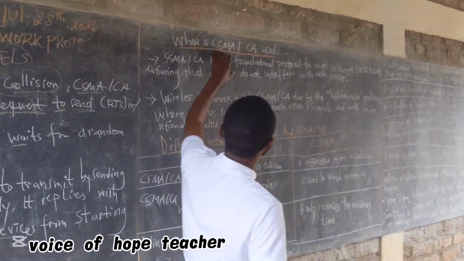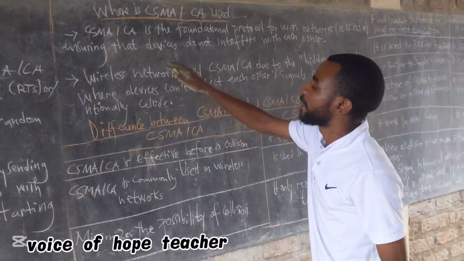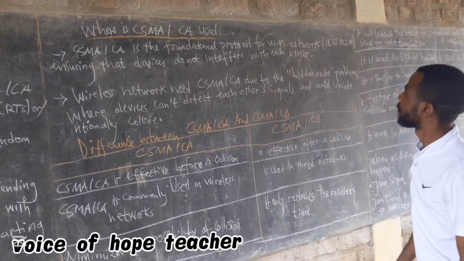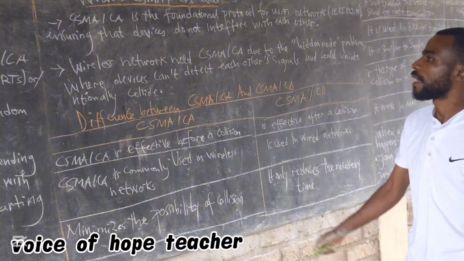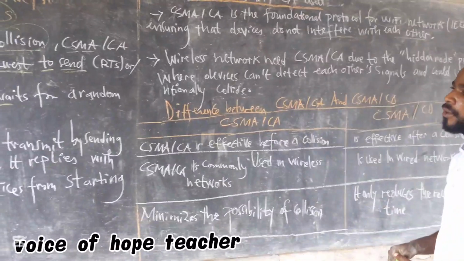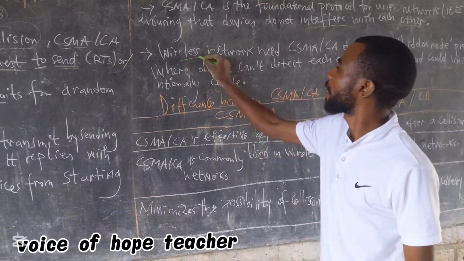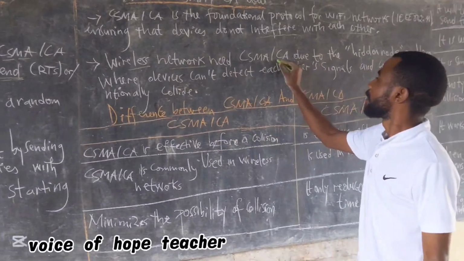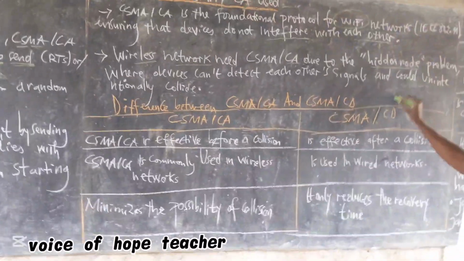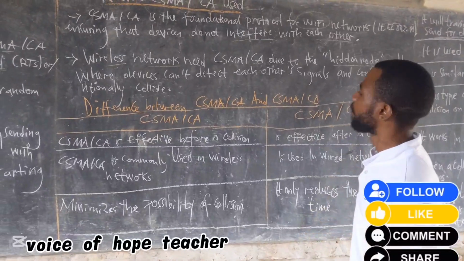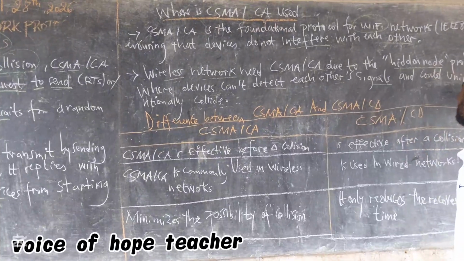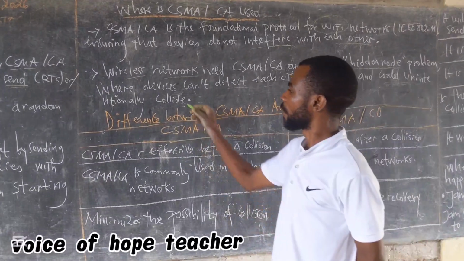Where is CSMA/CA used? Tuyikoresha muri Wi-Fi network, ensuring that devices do not interfere with each other, kugira ngo hatabaho collision. Ahandi ni muri wireless network, CSMA/CA due to the hidden node problem, where devices cannot detect each other's signals and could unintentionally collide.